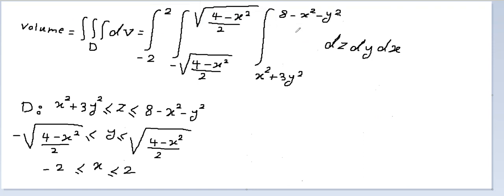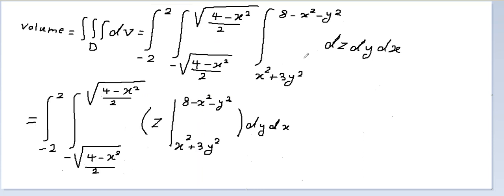So according to this description, the order of integration will be dz, dy, dx. So first with respect to z, then with respect to y, then with respect to x. So let's do it. Since the space is not enough, I have to erase here first, then we continue.